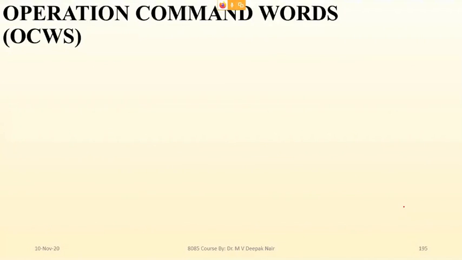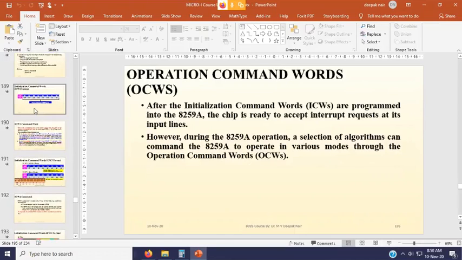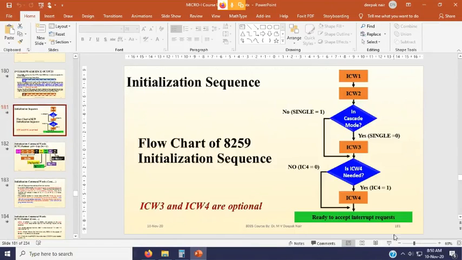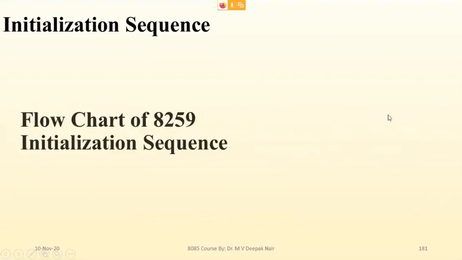Now, this is all about initialization. Before starting the interrupt service, we have to go through ICW1 to ICW4, and only after that can we start sending the interrupts. If you can recall the flow chart, first we pass ICW1 and then ICW2.